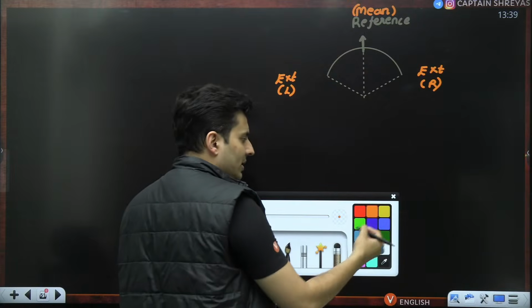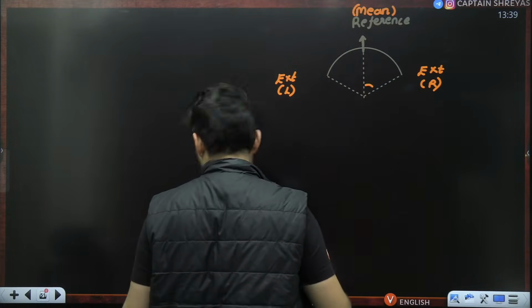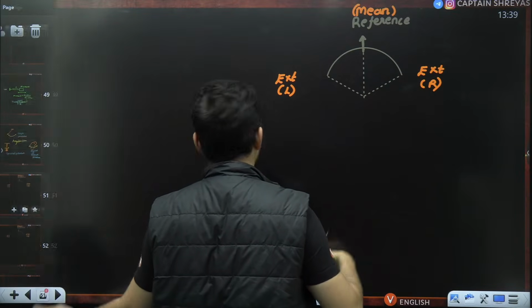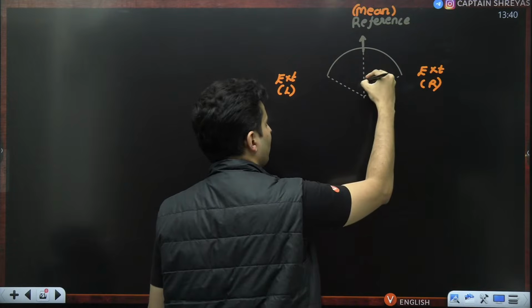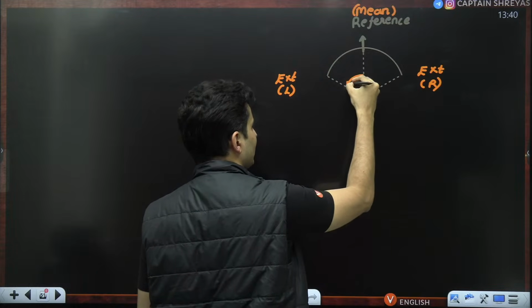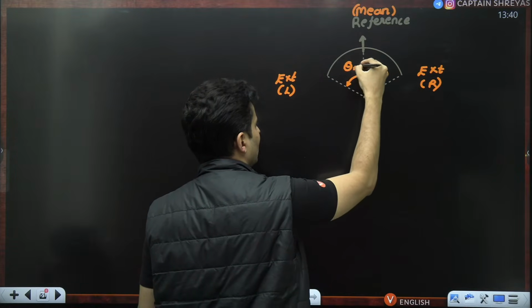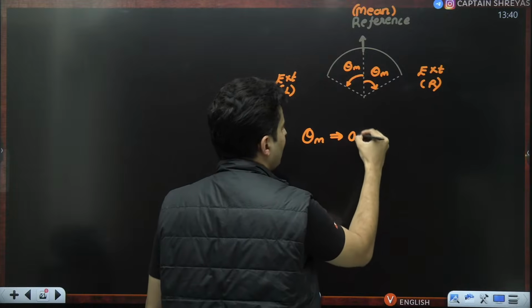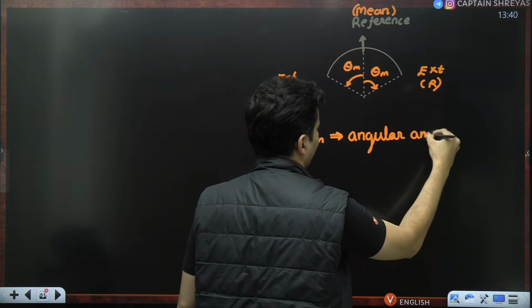The terminologies over here which we use: this complete angle from the mean to the extreme on this side, I will call it theta m. This theta m is called the angular amplitude.